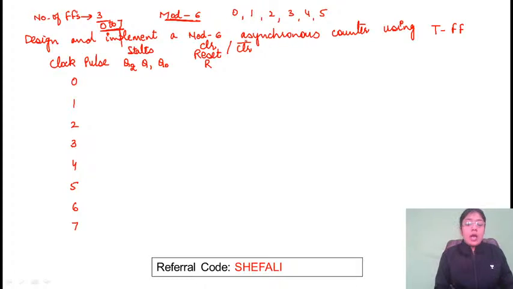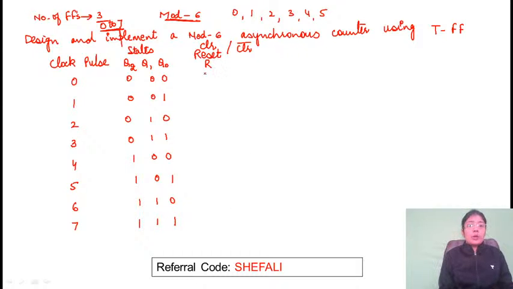Now here the outputs will be 000, 001, 010, 2, 3, 4, 5, 6 and 7. What will be R?